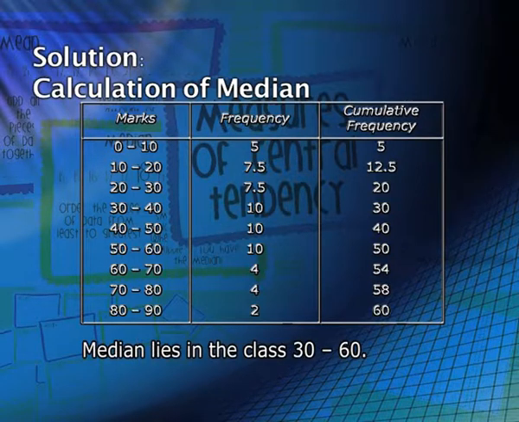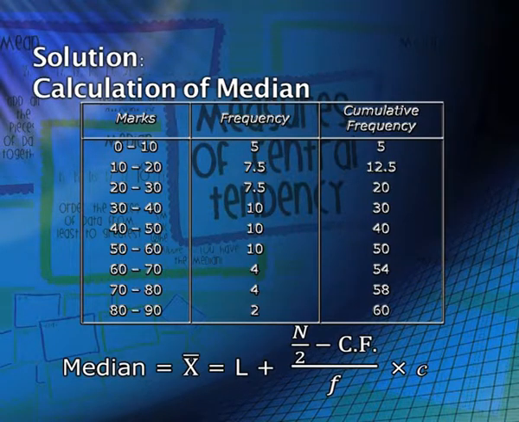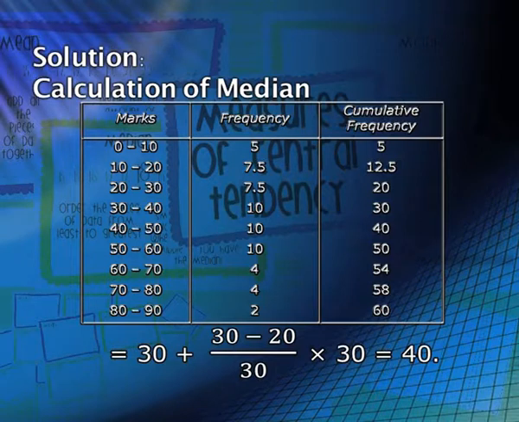Now median lies in the class 30 to 60 again. So the interpolation formula for median is L plus n by 2 minus Cf divided by f times C. So let's put the values and we get 30 plus 30 minus 20 divided by 30 times 30, which is giving us 40.